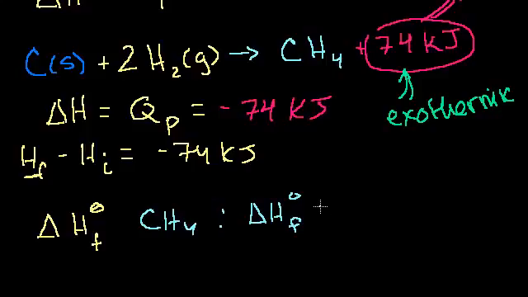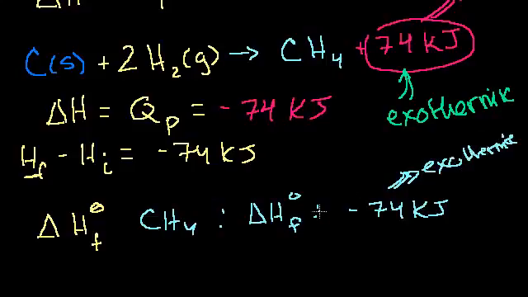Well, we just learned what the delta H of that reaction was. It was minus 74 kilojoules, which means that if you form methane from its elemental building blocks, you're going to release 74 kilojoules of energy. This is an exothermic reaction. Because you released heat, you can also say that the methane is in a lower energy state, or has lower potential energy than these guys did.